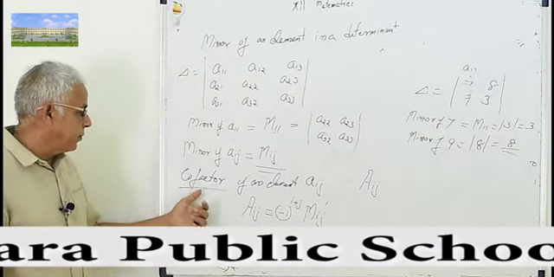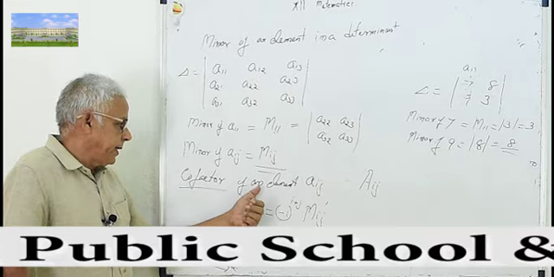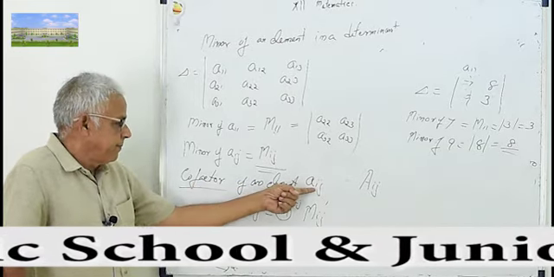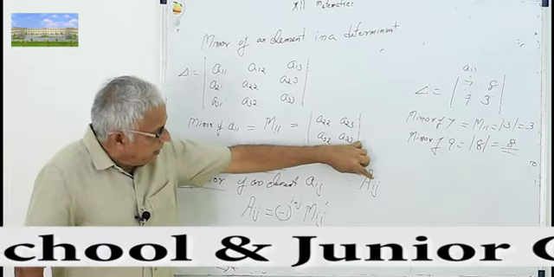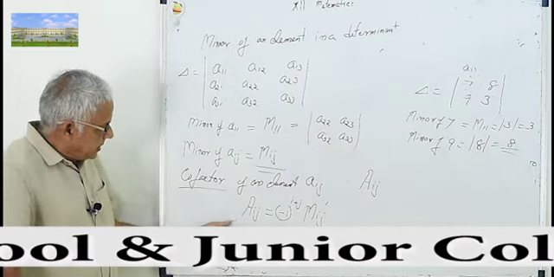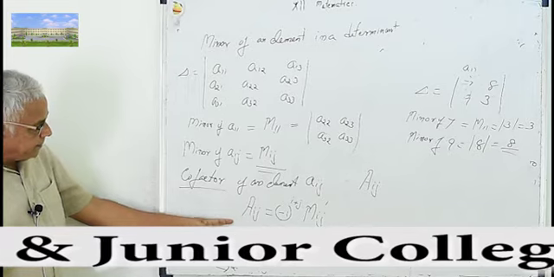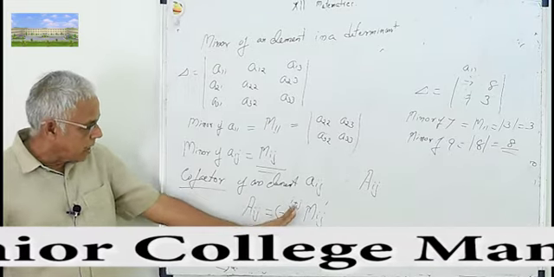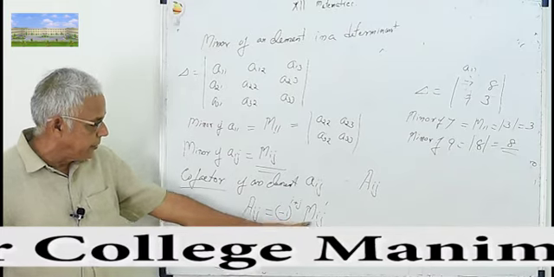This is the definition for cofactor of an element. Cofactor of an element Aij is denoted by Aij and is defined by Aij is equal to minus 1 raised to i plus j into Mij.